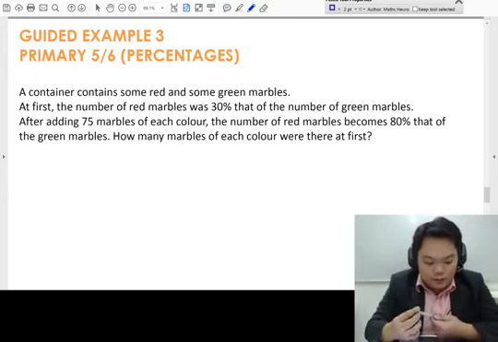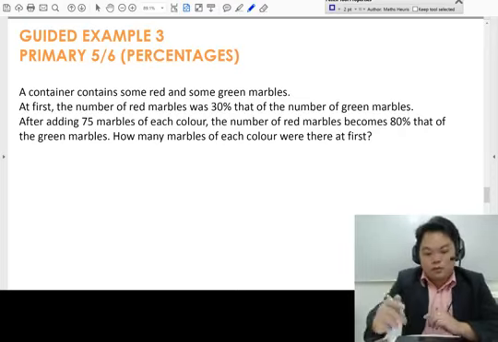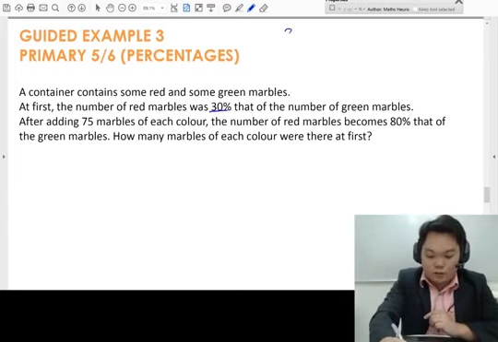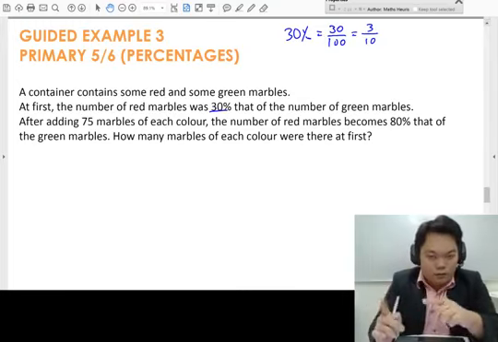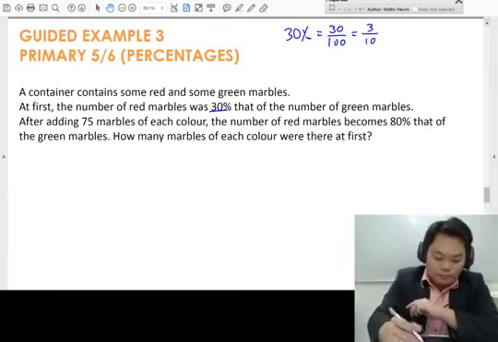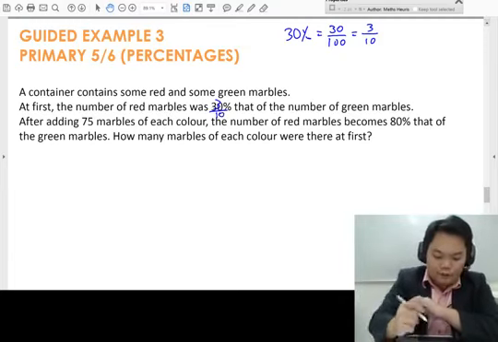Now a container contains some red and green marbles. At first, the number of red marbles was 30% that of the green marbles. So you see a percentage, change it to fraction first. This is 30 out of 100 by definition, and then that will be simplified down to 3 out of 10. Okay, change this to 3 out of 10 first.